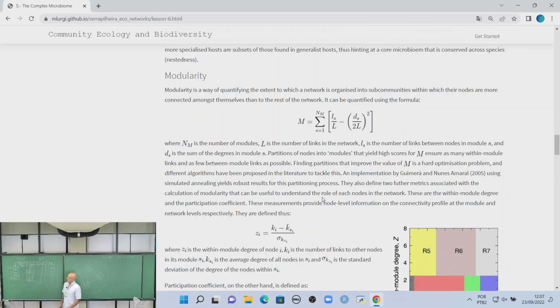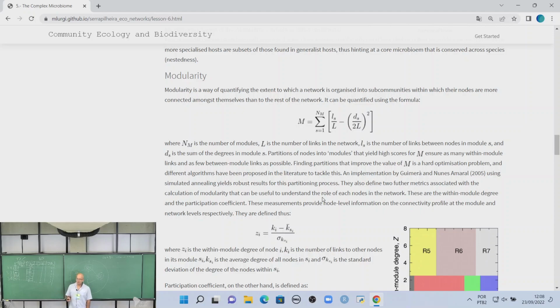The problem with this is that to be able to calculate that, you already have to have the partition. So you need to know how you assign nodes to different modules, right? So this is a very hard computational problem, because you need to find the optimal partition in your graph to maximize this quantity.